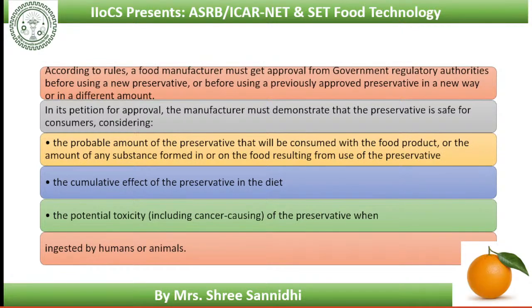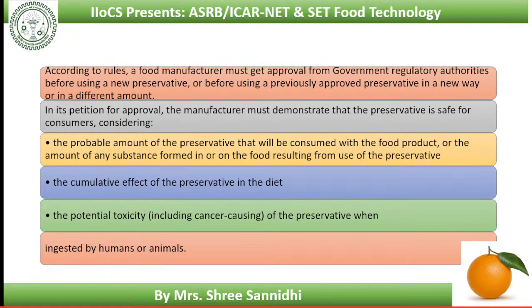According to rules, a food manufacturer must get approval from government regulatory authorities before using a new preservative or before using a previously approved preservative in a new way or in a different amount. In its petition for approval, the manufacturer must demonstrate that the preservative is safe for consumers considering the following points.